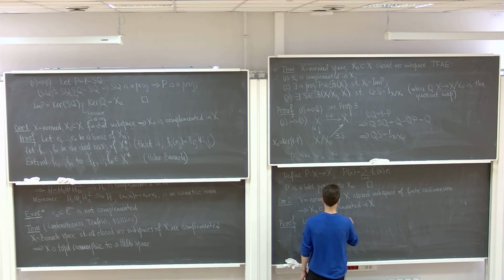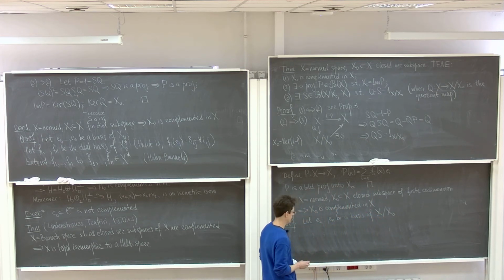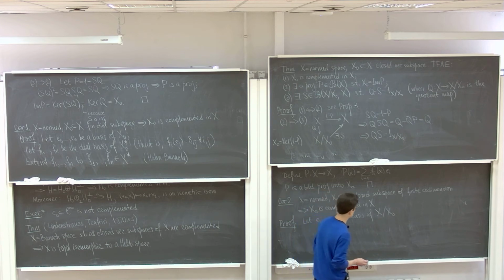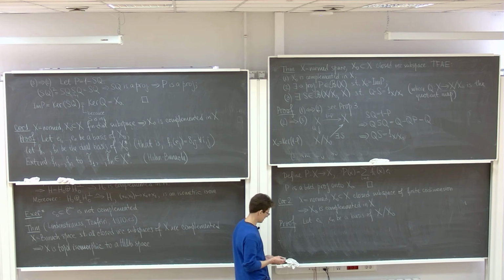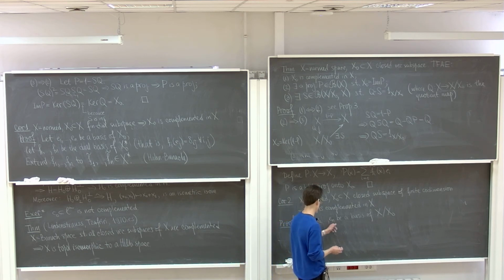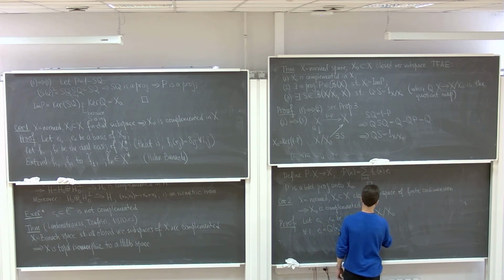Let it be a basis of the quotient. And so our quotient map is, of course, surjective, so we take any vectors in the preimages of E1 to En. So for each i, Ei is Q applied to xi for some xi in X.